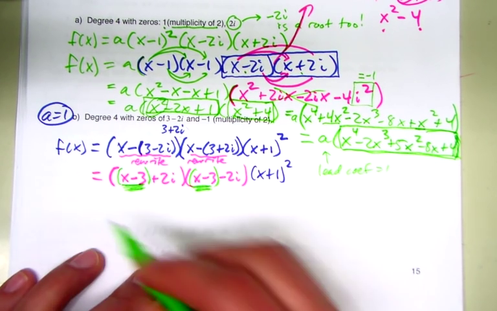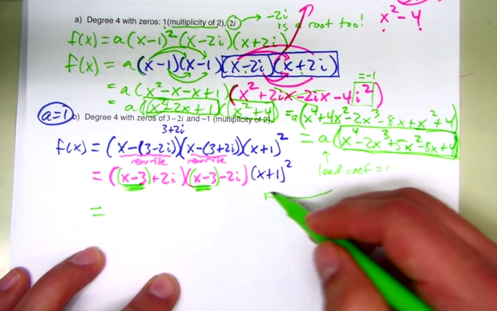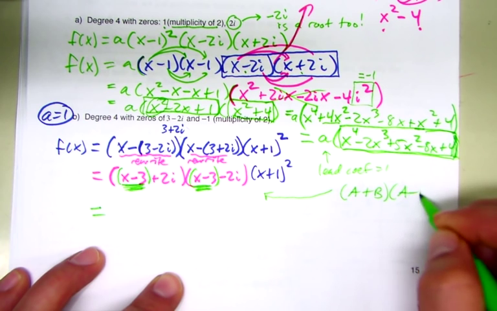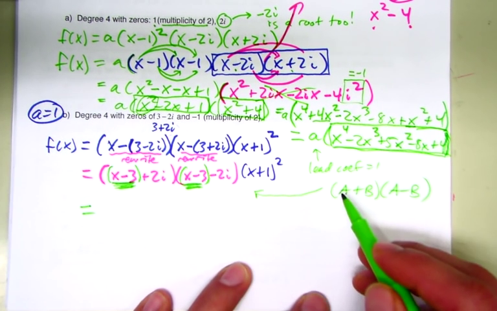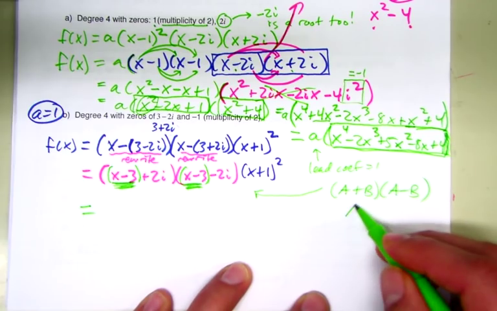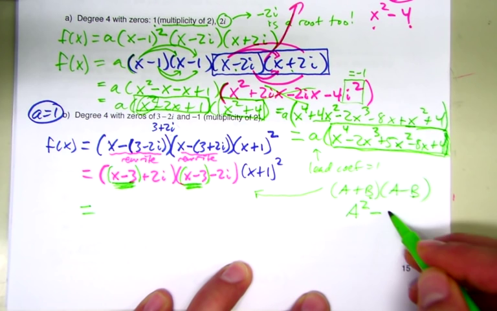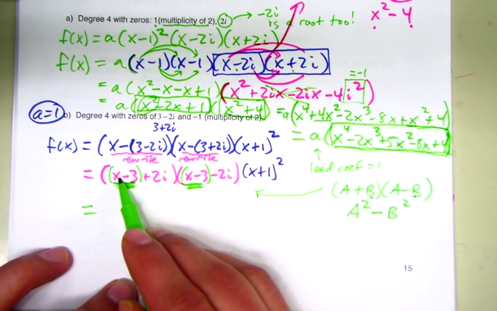Okay, and the reason I'm saying to do that is because now this is almost like having a plus b and a minus b again. It's that difference of squares pattern. Remember, when you multiply a plus b with a minus b, you get first term squared minus second term squared. Well, here, my first term is x minus 3.